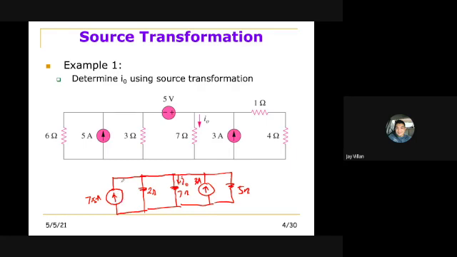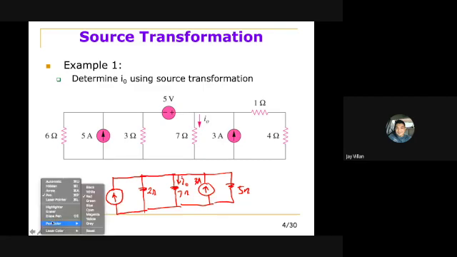Both of these current sources are pointing upwards. So therefore you can simply add those. Okay? All right. So let's erase this again. So we add 3 and 7.5. So that will be 10.5.